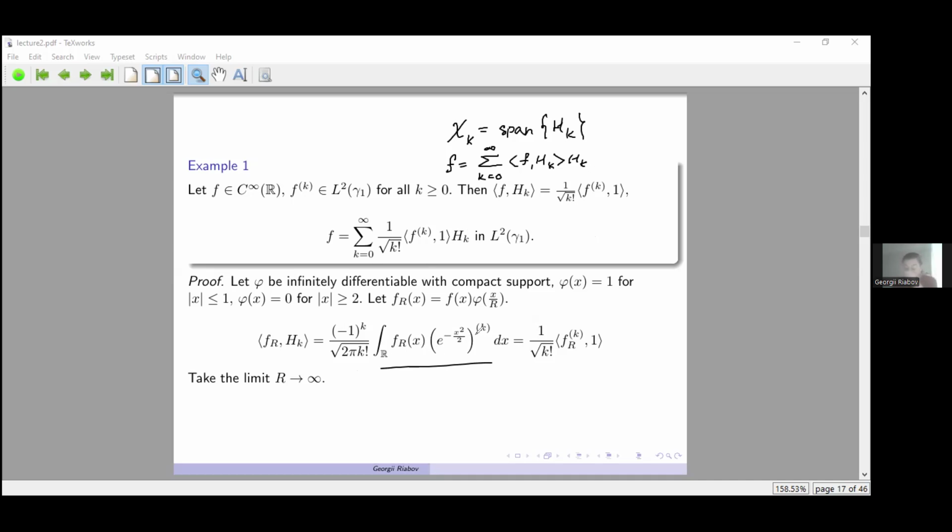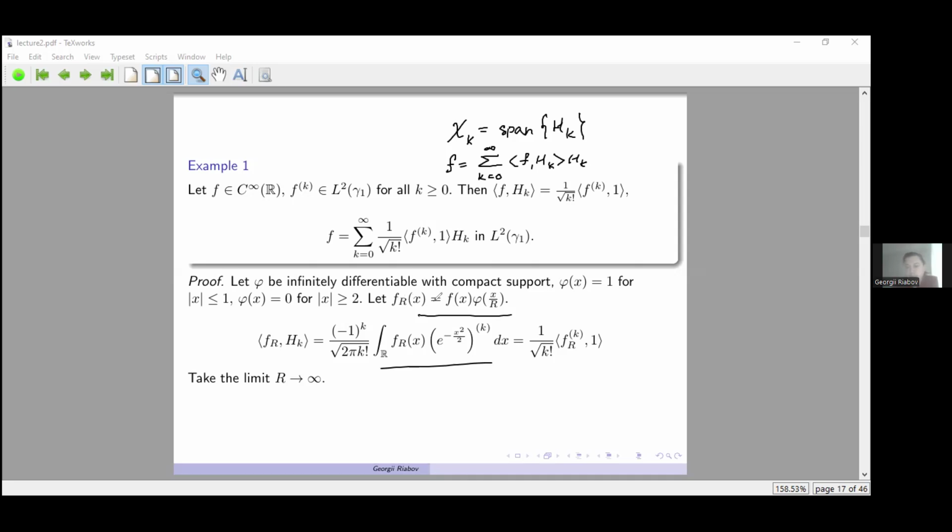The only issue is that we have the integral over the whole real line, so we need to say some words why integration by parts is possible, and this is usually done using a cut function phi, which is equal to 1 from -1 to 1, and equal to 0 for x greater than 2, and approximate f by functions f_r.